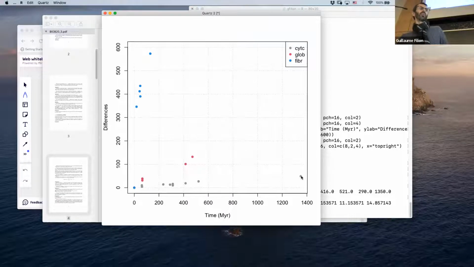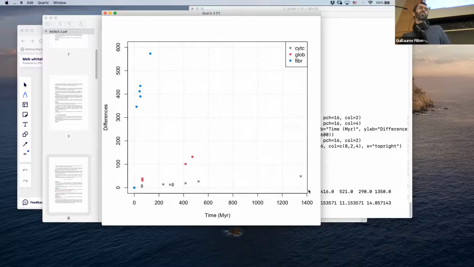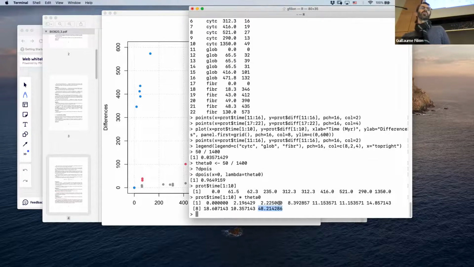The value here is roughly 50, so it tells us that theta 0 is not that bad. Well, of course, we chose theta 0 exactly for explaining that point. That's the way I chose theta 0. Remember, I kind of divided the number of mutations here, 50, by 1,400. So it's not surprising that this value is well calibrated because it's the only one I used.